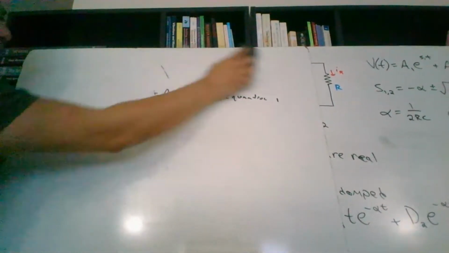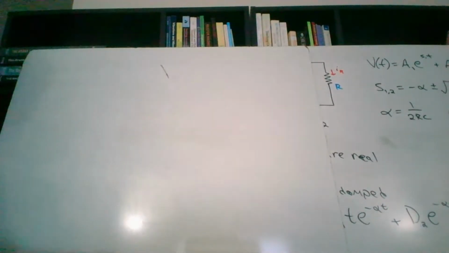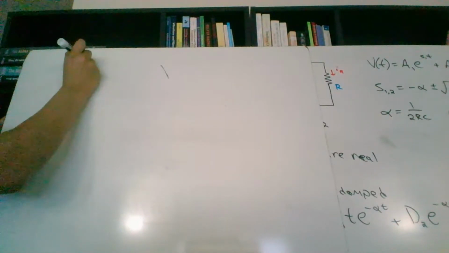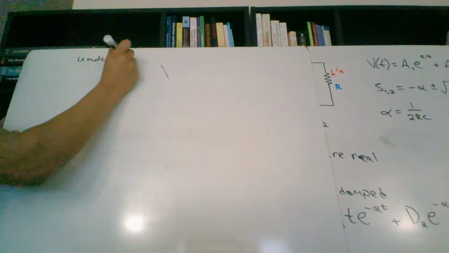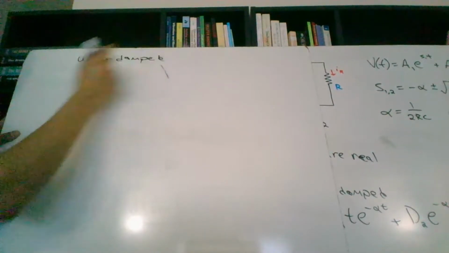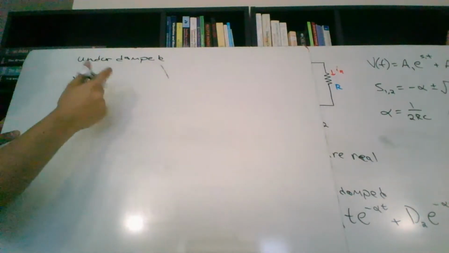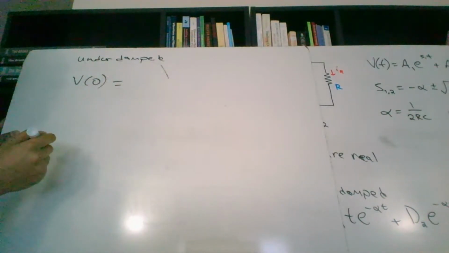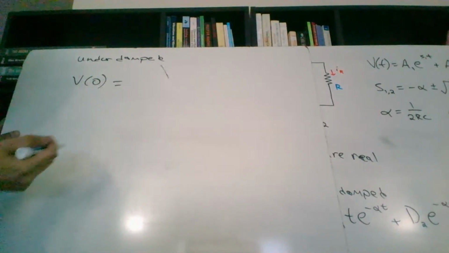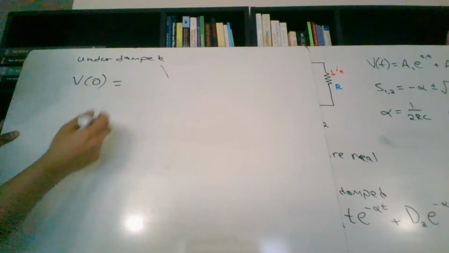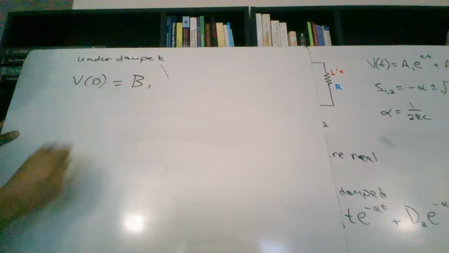So for underdamped, our solutions are going to be V naught. When you plug in, I erased it, but when you plug in for that, the sine term will go away because sine of 0 is 0, and we will be left with just B1.